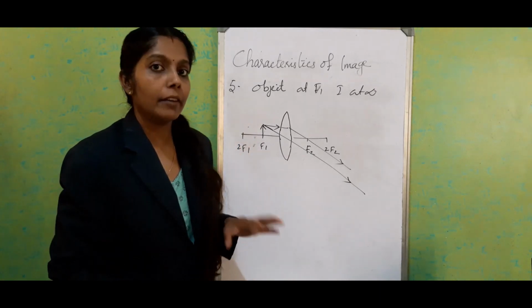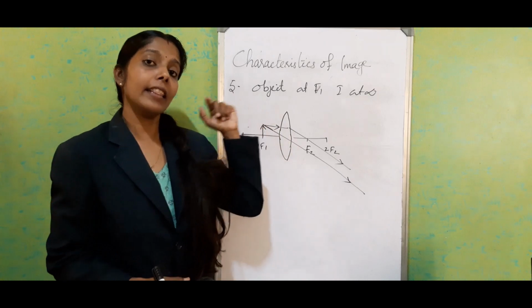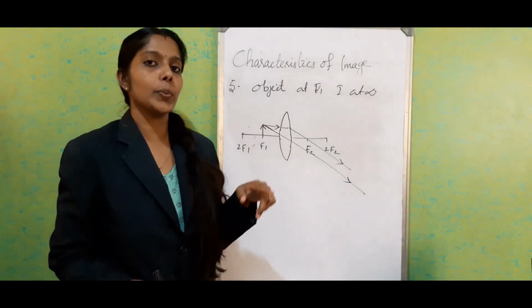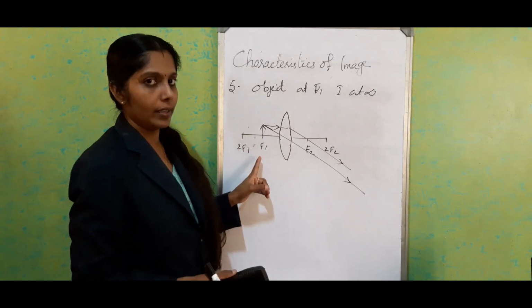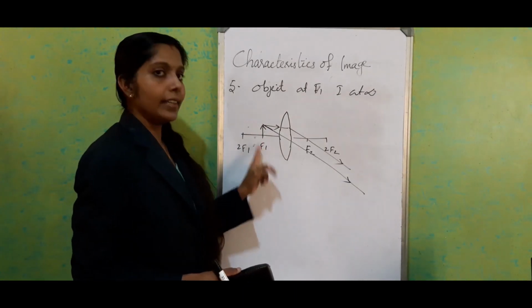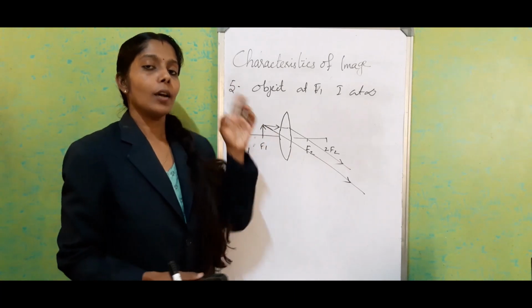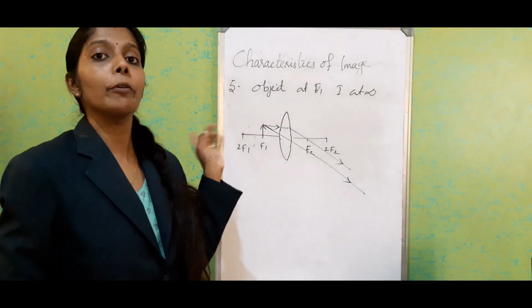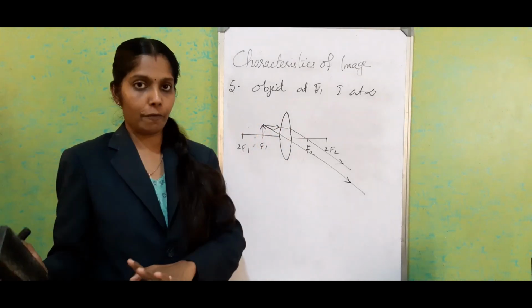So we completed 5 different cases. If you see the cases, the first and the fifth are just opposite. First one, the object was at infinity, we got the image at focus. Fifth one, object at focus, image at infinity. Second case, object was beyond 2f1, we got the image between f2 and 2f2.